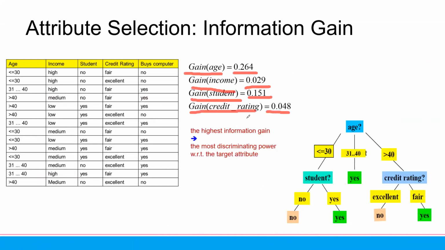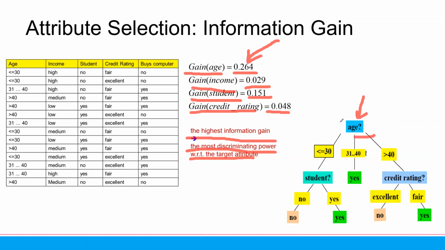So among those numbers, we need to select the highest information gain. The highest information gain means the most discriminating power with regard to the target attribute. So age is the most important attribute, or age has the most discriminating power to make the next split.